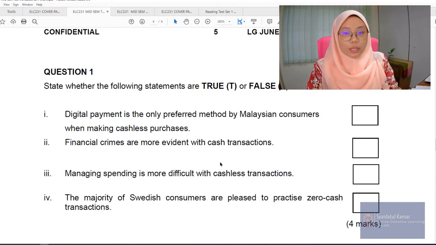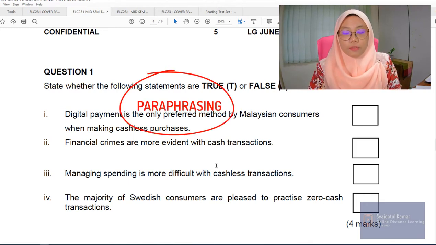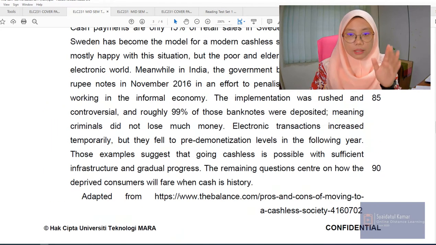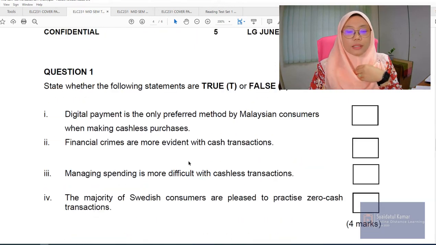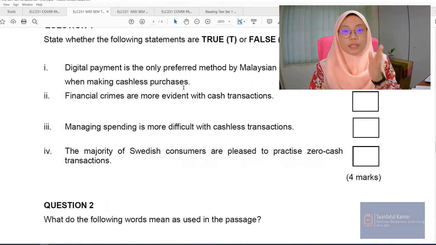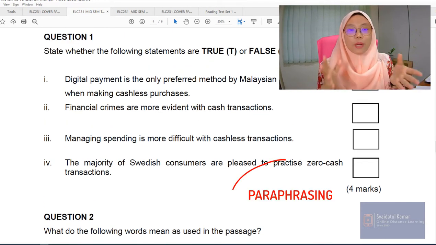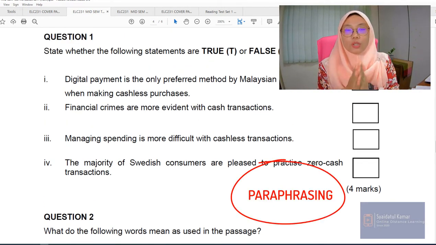For this part, this is actually about paraphrasing, whereby the idea here is taken from the article, and then they paraphrase the statement, and they want to ask you, after they have paraphrased the statement, do you still understand the gist or the main idea of the sentence or not?